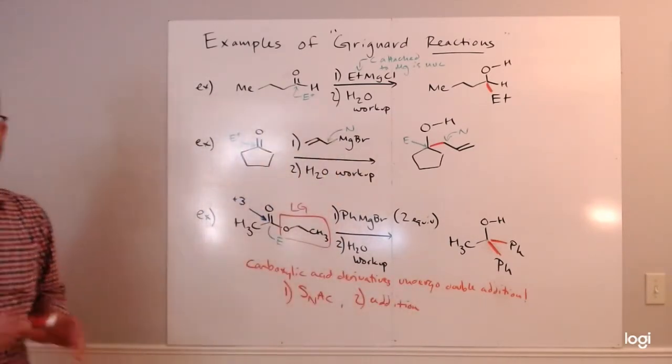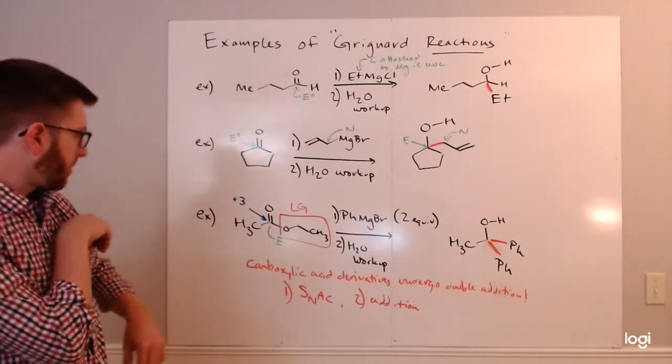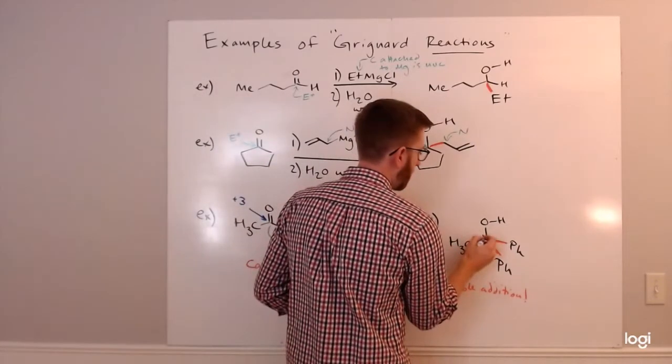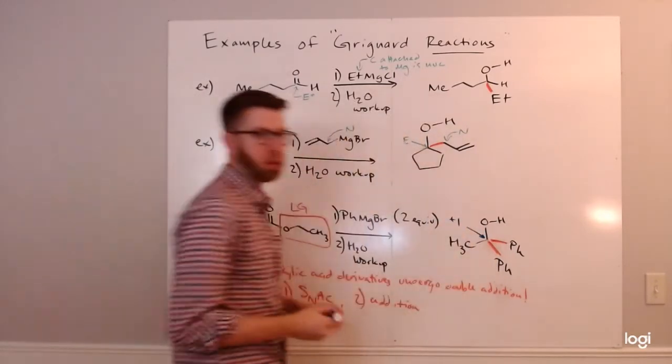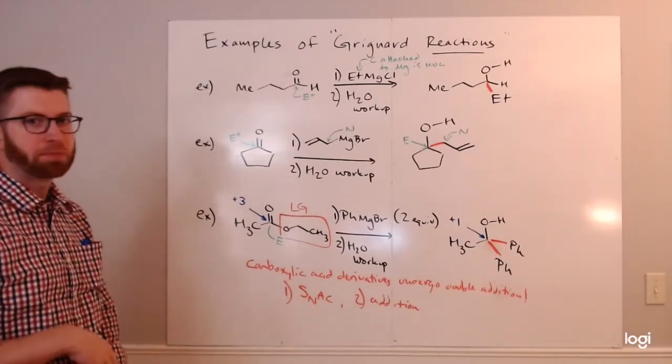Okay? So it's not possible to stop at the ketone here. I'm going all the way from a +3 electrophilic site to a +1 site. And that's where this double addition kind of concept comes into play.